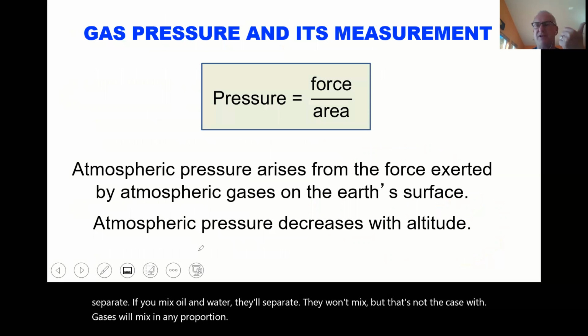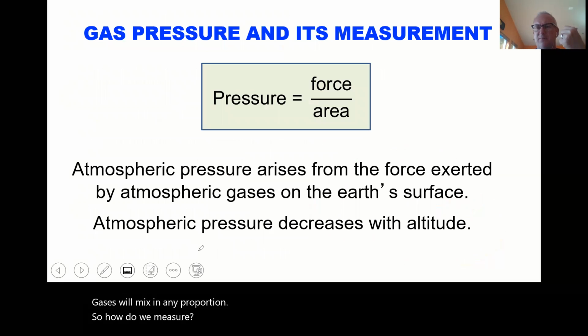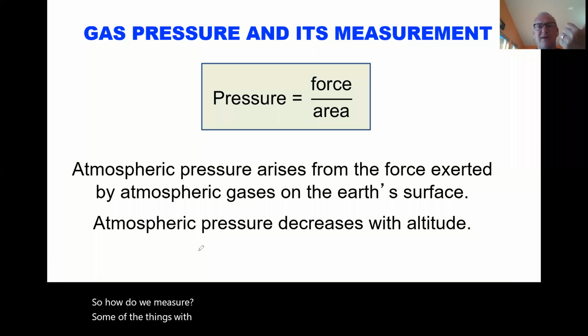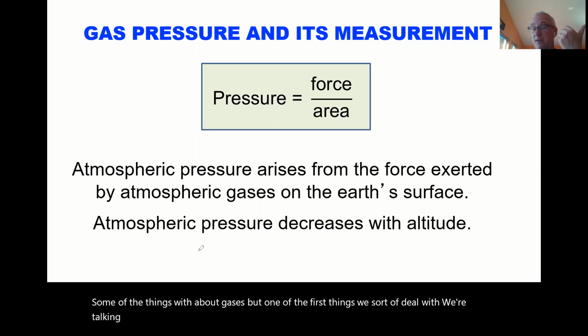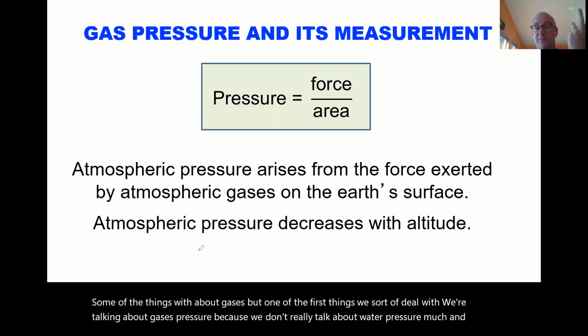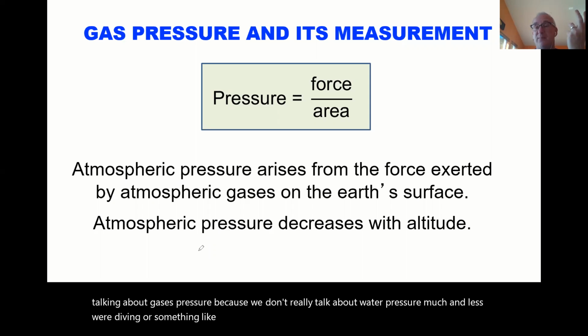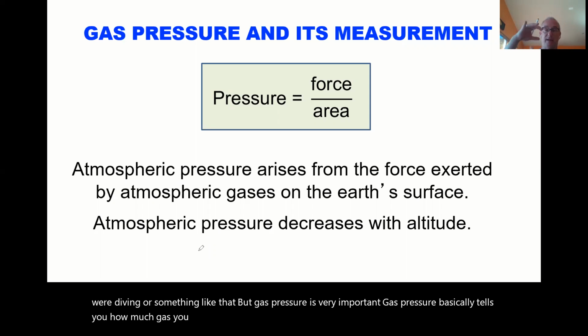So how do we measure some of the things about gases? One of the first things we deal with when we're talking about gases is pressure, because we don't really talk about water pressure much unless we're diving or something like that. But gas pressure is very important. Gas pressure basically tells you how much gas you have in an enclosed volume.